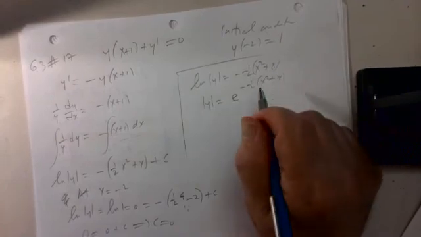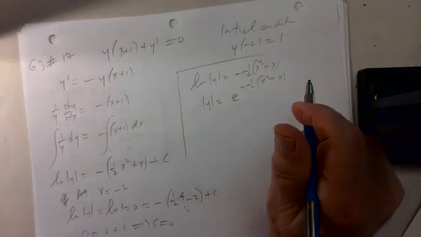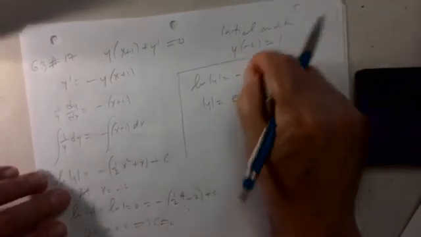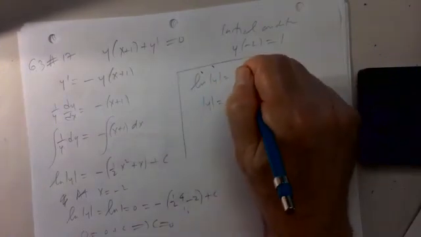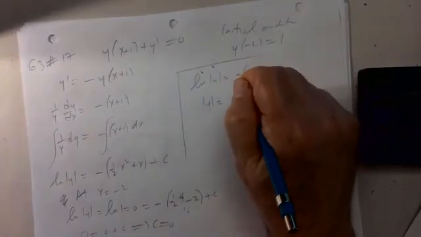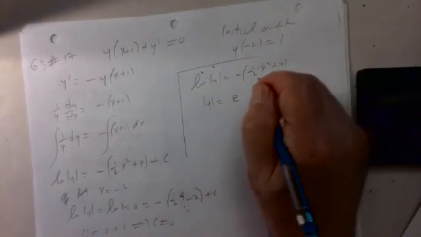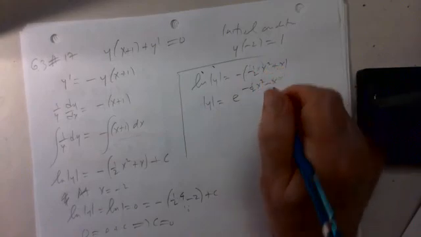Oops, I didn't write this down correctly. It's e to the minus, so this is minus 1/2 x squared plus x. So this is e to the minus 1/2 x squared minus x.